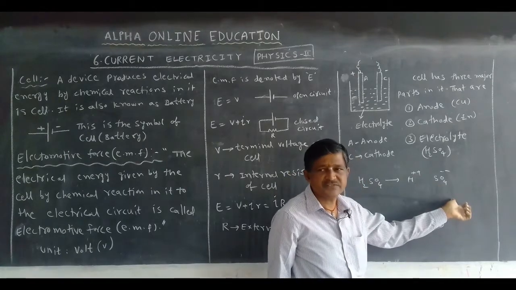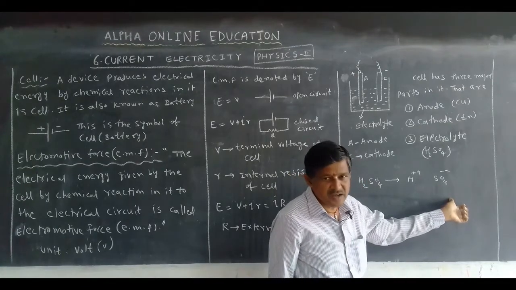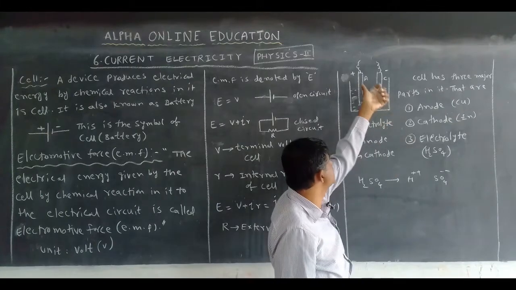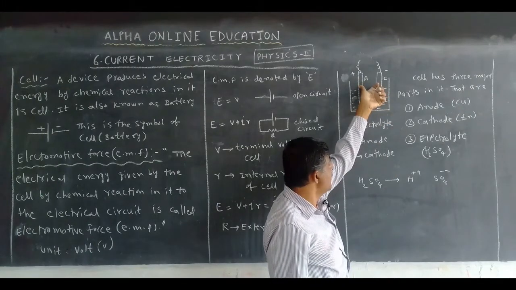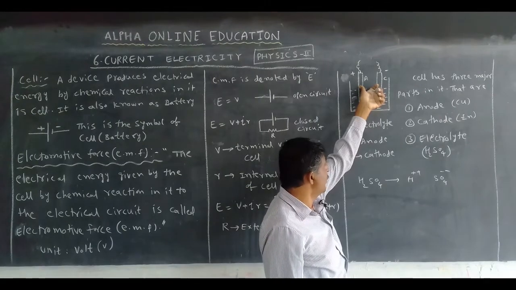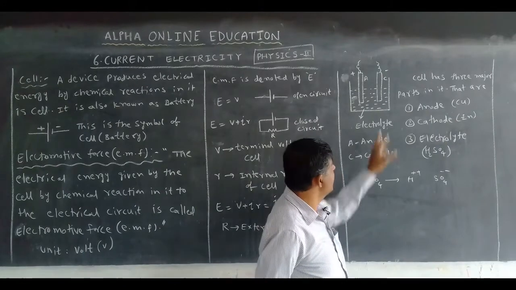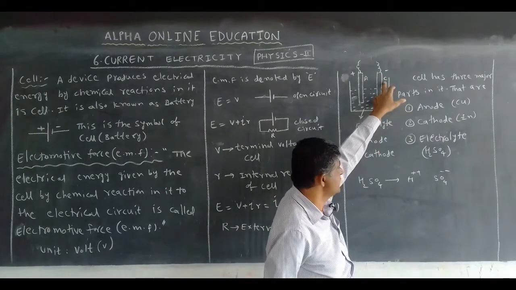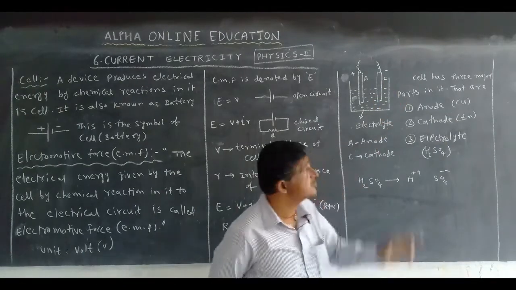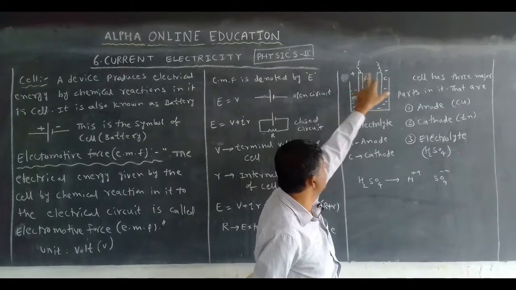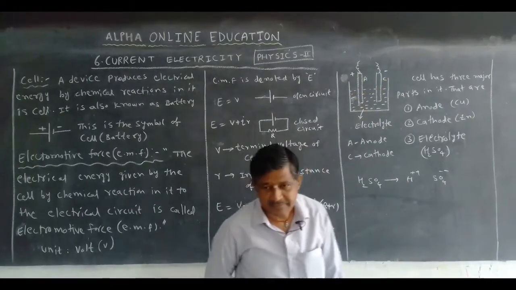SO4 minus minus is called an anion. The cation moves towards the copper plate, so it is called anode. SO4 minus minus, this anion, moves towards the zinc, that's why it is called cathode. Here I have taken the plus symbol, here the minus symbol.